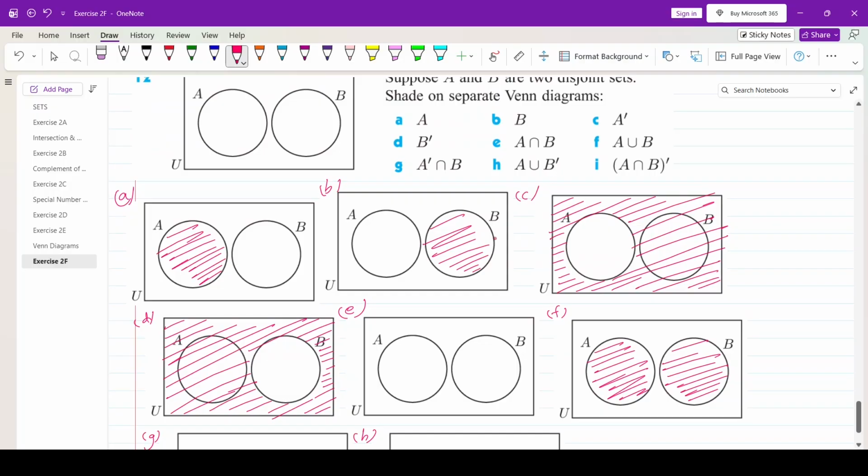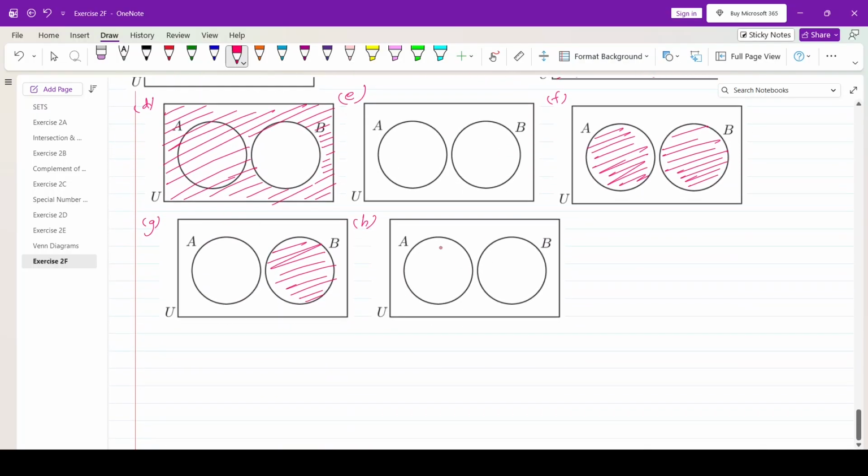A union B complement. A union B complement, that is everything outside set B. So this will be this part.